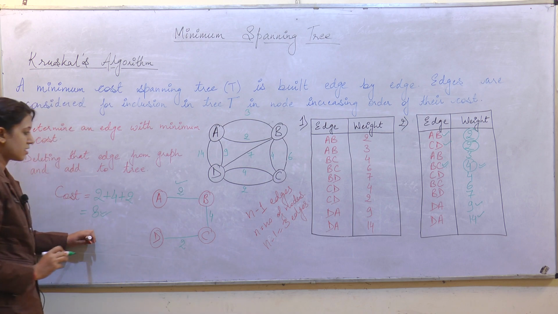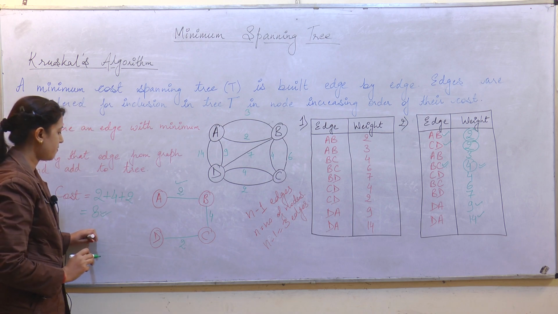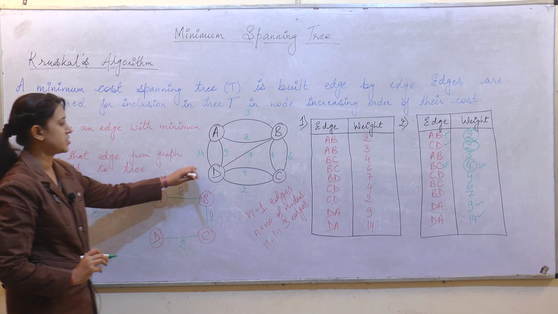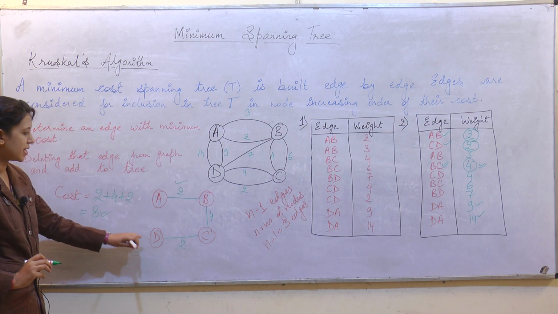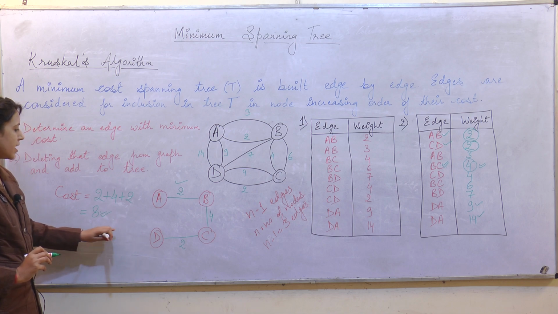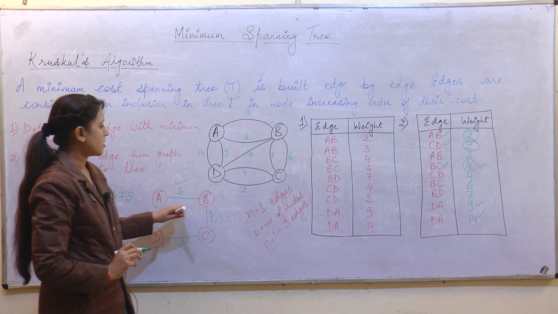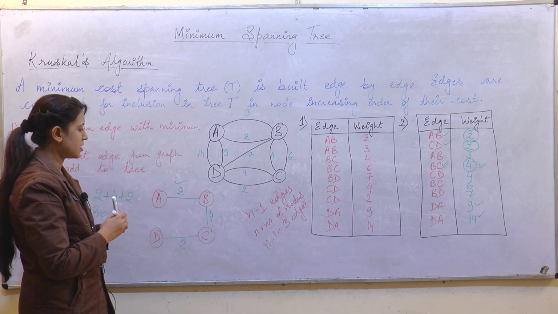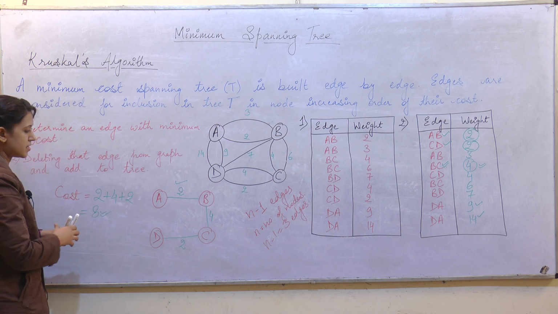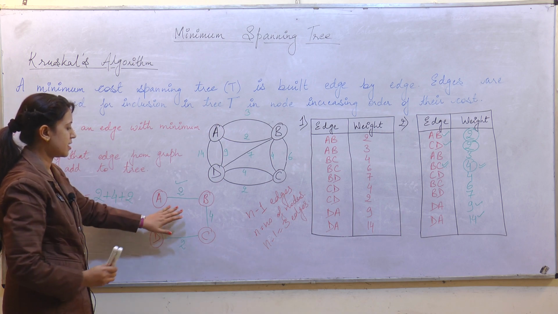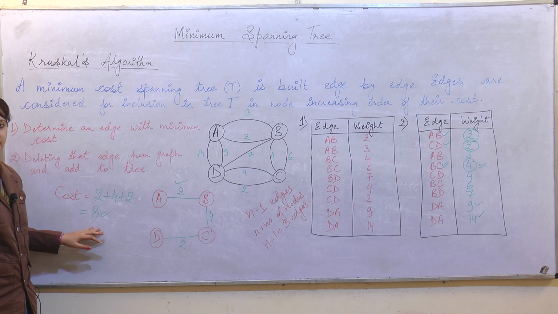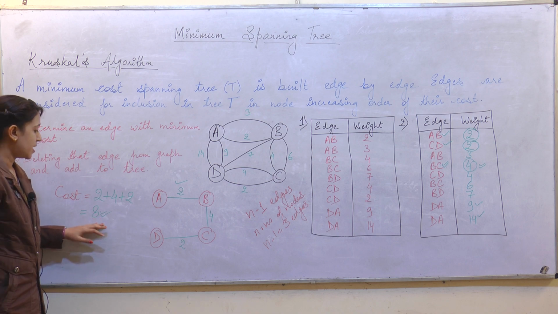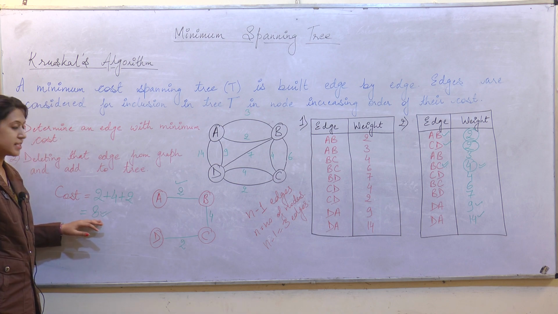So this is our minimum cost of this original graph, and this is the minimum spanning tree. We can construct other spanning trees also, but this tree gives us the minimum cost. No other path will give us a cost less than 8.